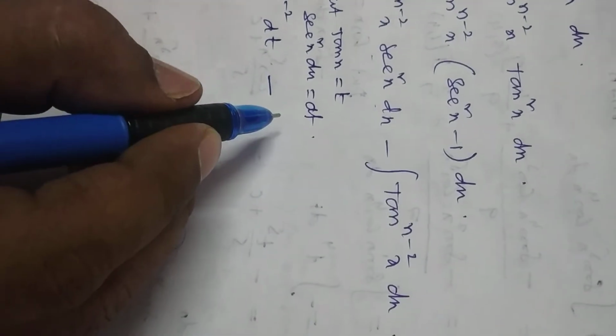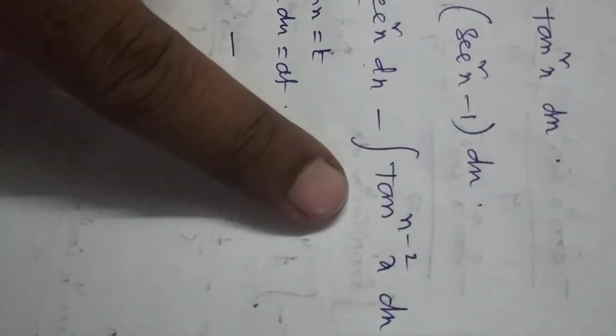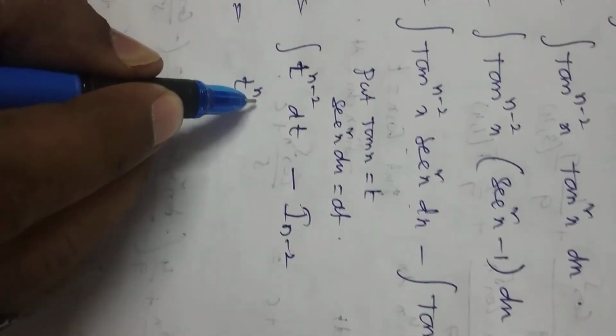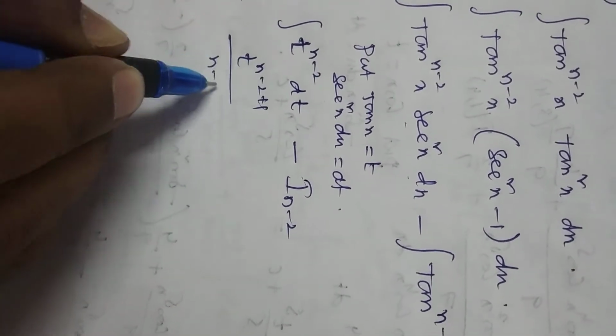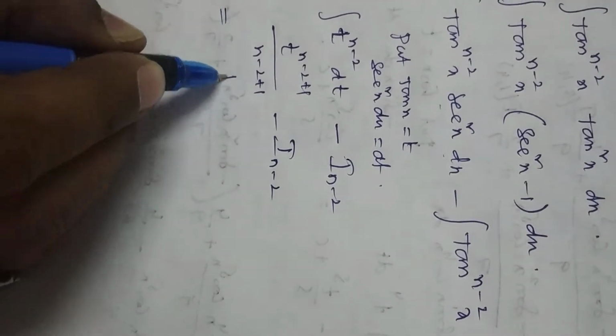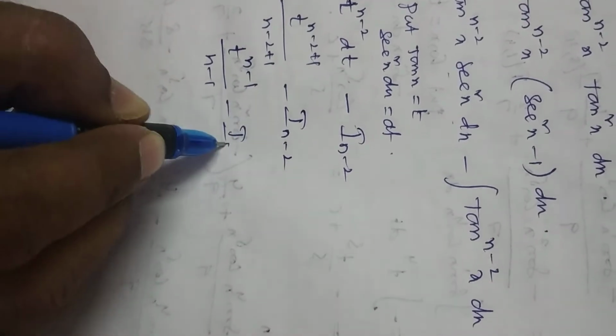When we are considering this one as I_n, this will be equal to what? I_(n-2) only, no? So I_(n-2). So the integration for this one is t^(n-2+1) by n-2+1, that is t^(n-1) by n-1, minus I_(n-2).